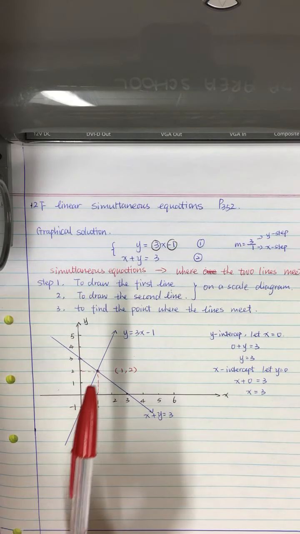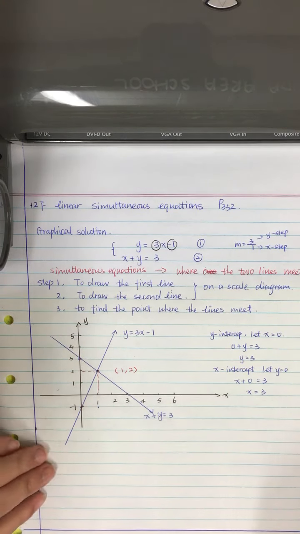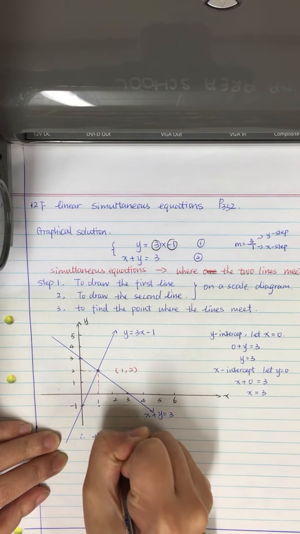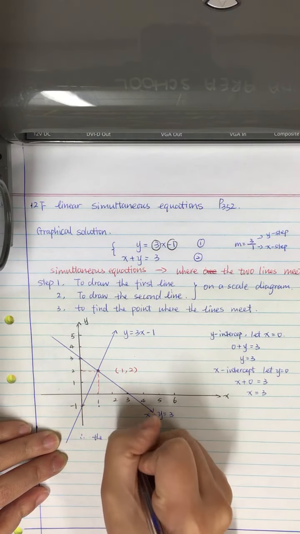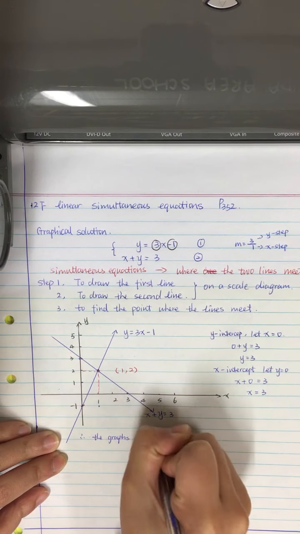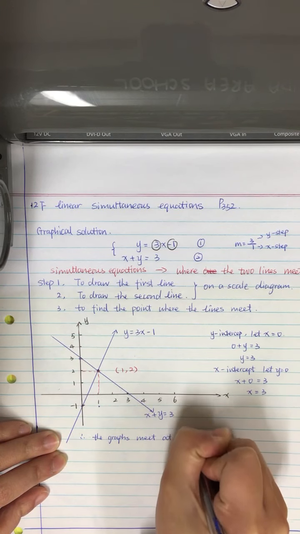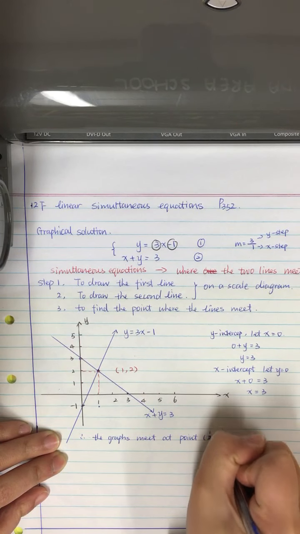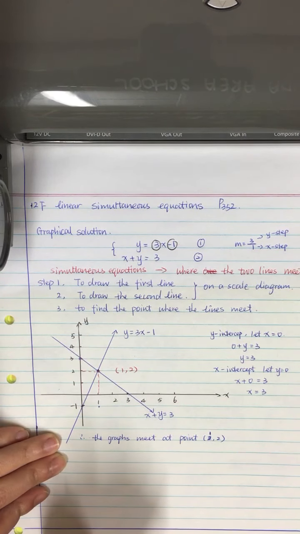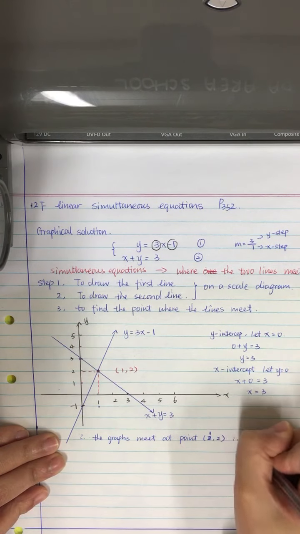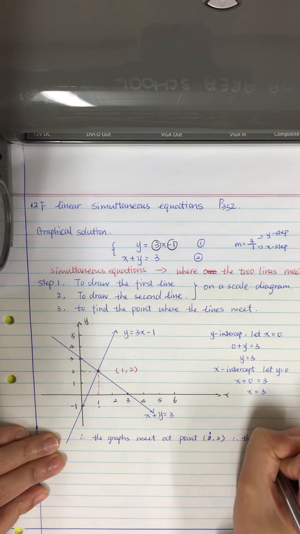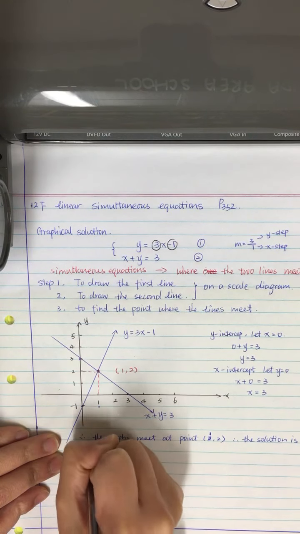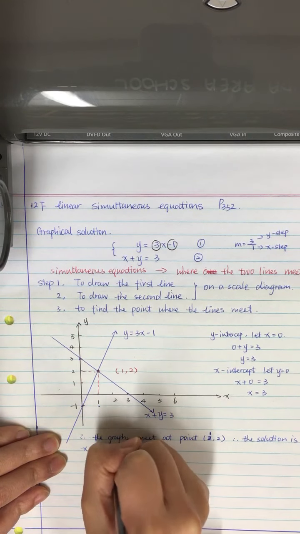So the graphs meet at the point (1, 2), and that means the solution is x equals 1 and y equals 2.